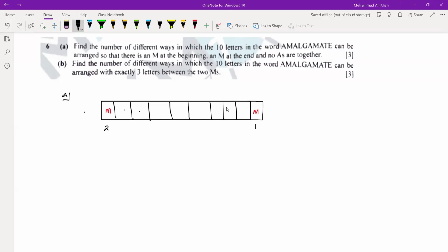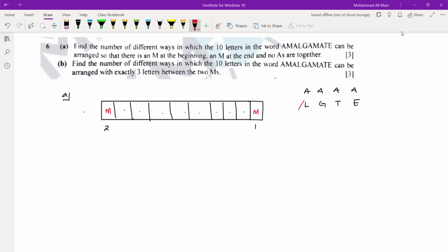So for first M, out of 2, any one, out of 1, any one, right? And after that, we have 8 places, in which we have 4 A's and 4 other letters. So they are L, G, T, E. Now, we have to arrange 4 A's as they are not together.